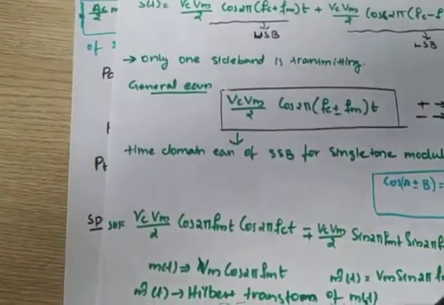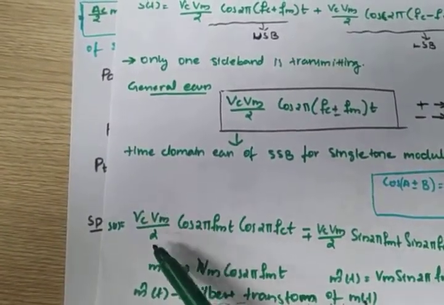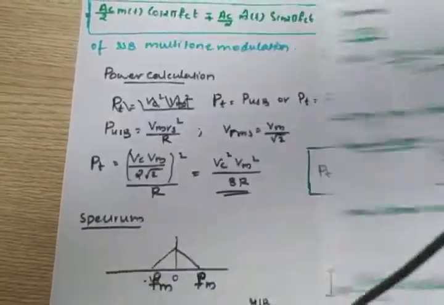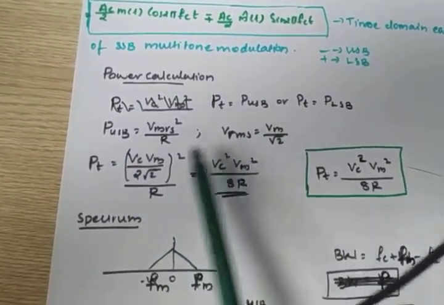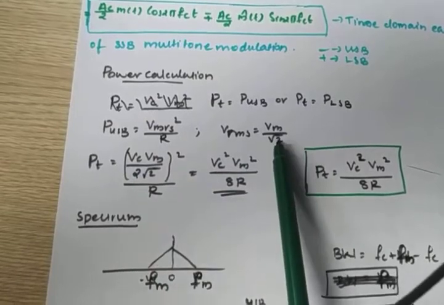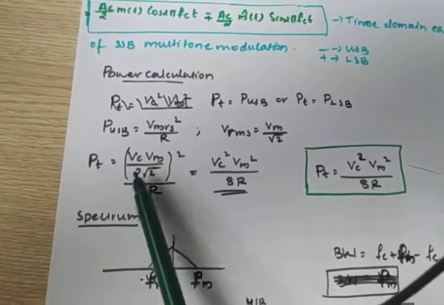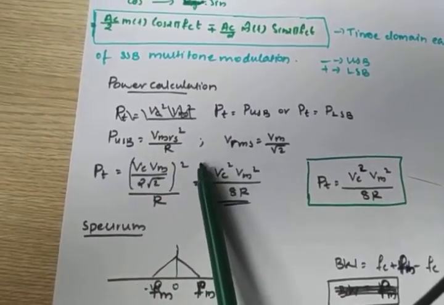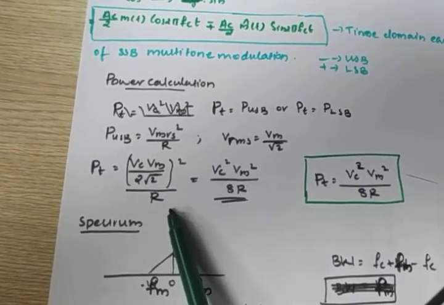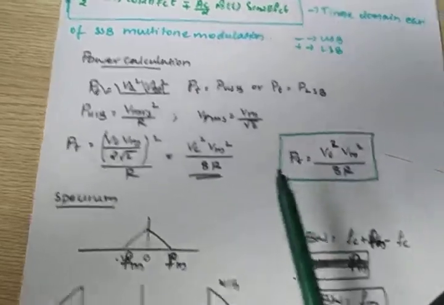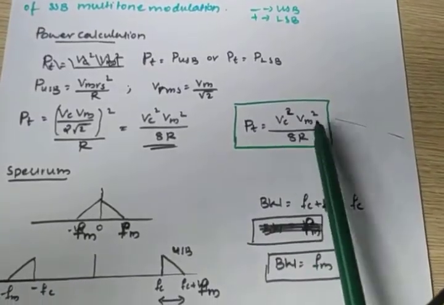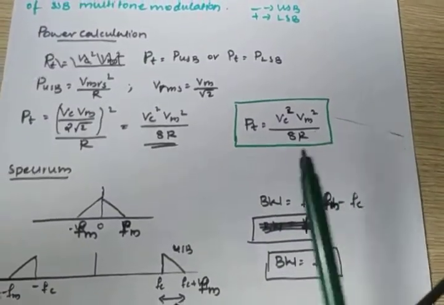What is the maximum voltage here? Vc Vm by 2. So Vrms is Vc Vm by 2 root 2, the whole square, by R. Rearranging, you get Vc square Vm square by 8R. So Pt is Vc square Vm square by 8R.